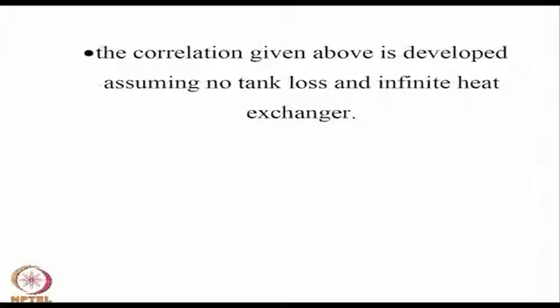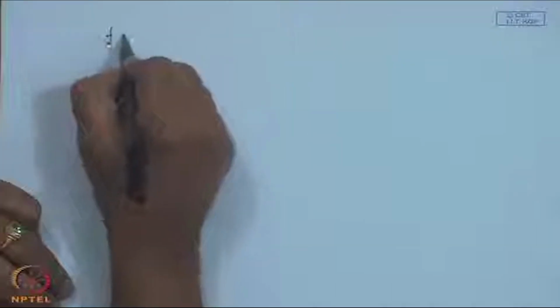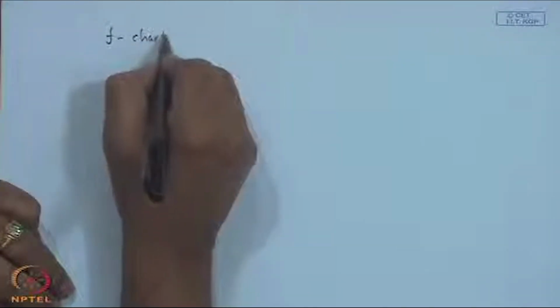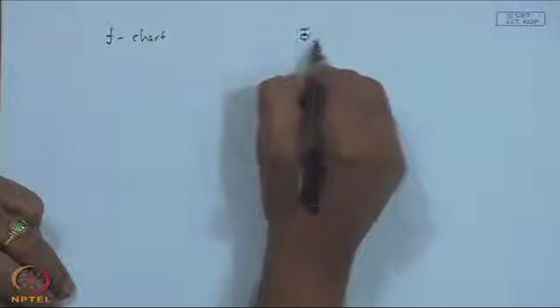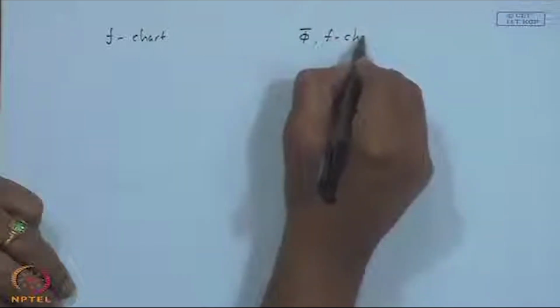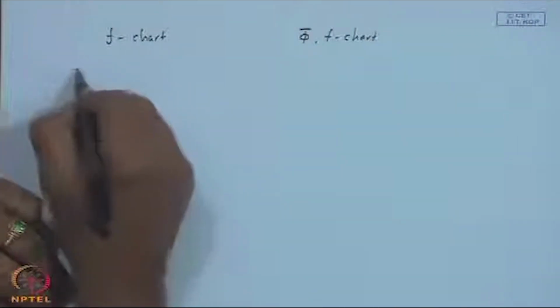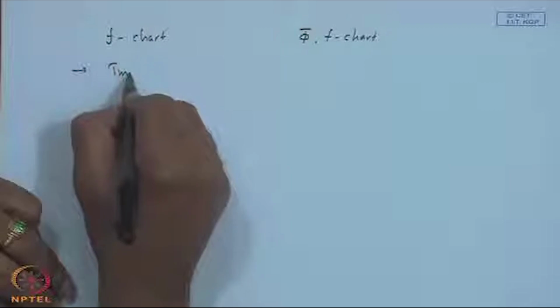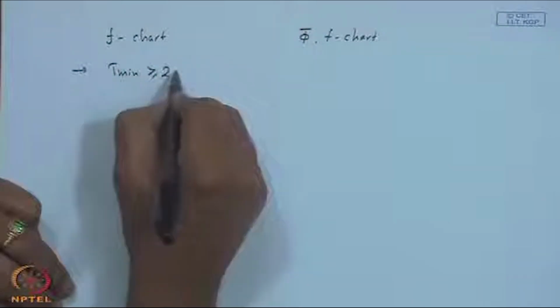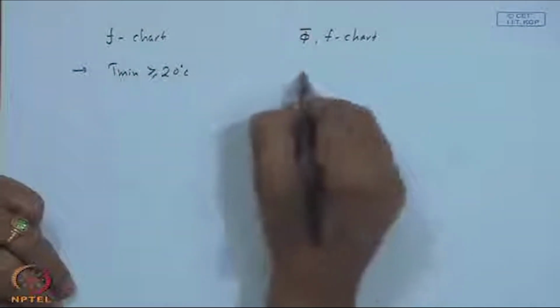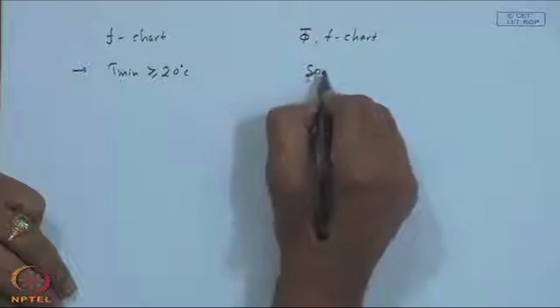In final, what we need to see is F chart and phi bar F chart. This is T minimum 20 degrees C, specified here.